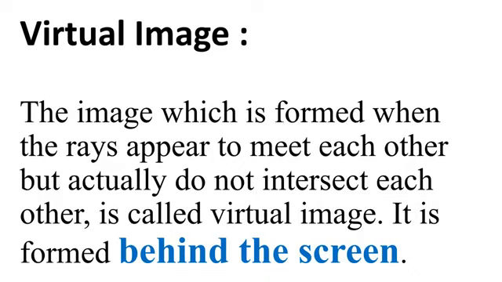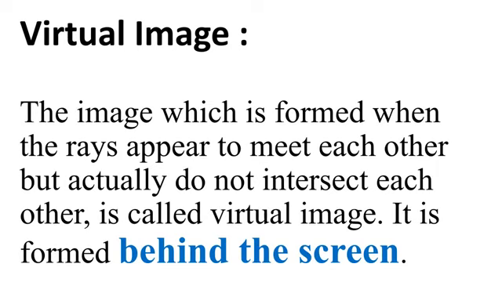Now let us know what is a virtual image. The image which is formed when the rays appear to meet each other but actually do not intersect each other is called virtual image.